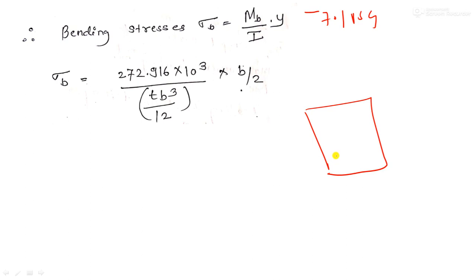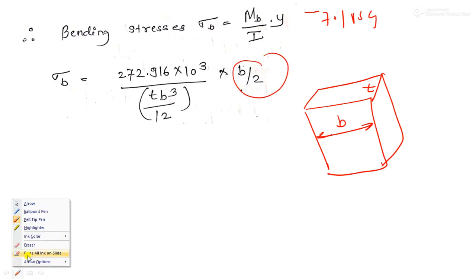The cotter joint is not a circular portion. So what is I? That is the moment of inertia for this portion, which has thickness t and width b, and is nothing but t b cube by 12. And y, which is the distance from the neutral axis to the extreme fiber, is equal to b upon 2.